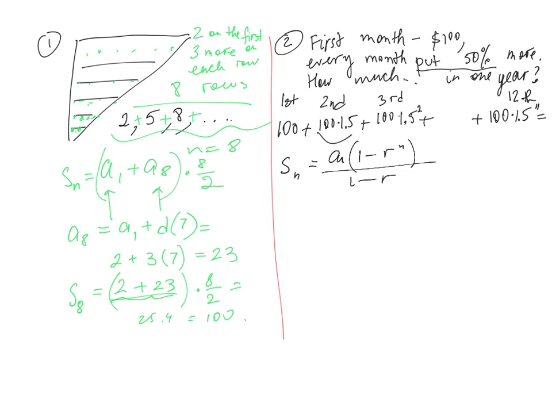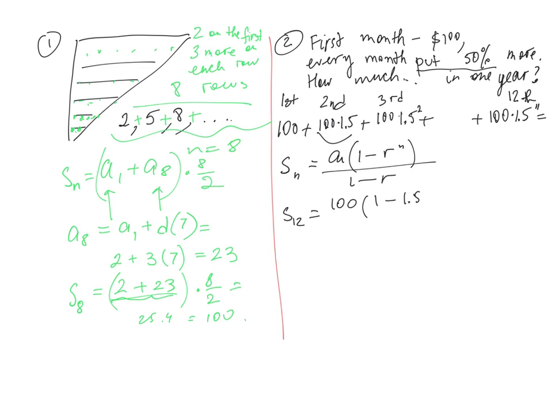Okay, how many terms do we have? Oh, we do know, it's 12 months, right? Yeah. So S sub 12 equals, A first is 100. Now 1 minus R. R is what? You multiply by 1.5, right? We raise to what power? This is really tricky.